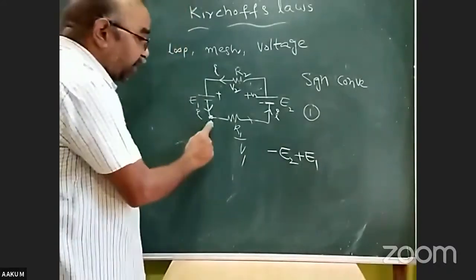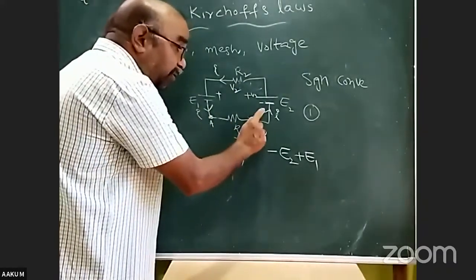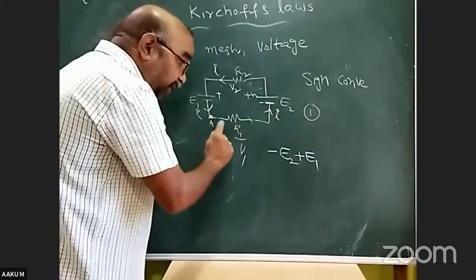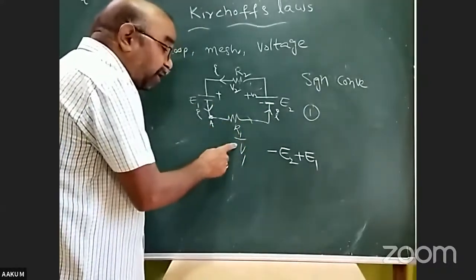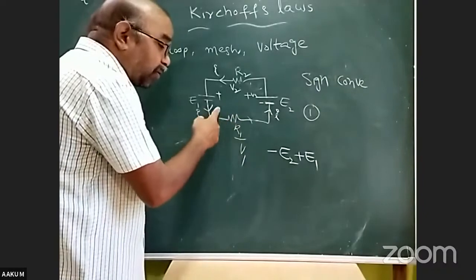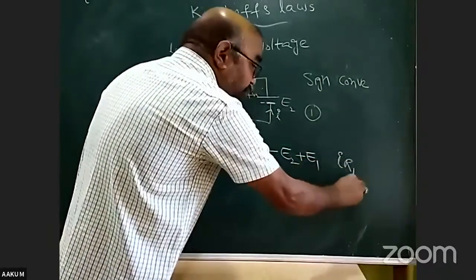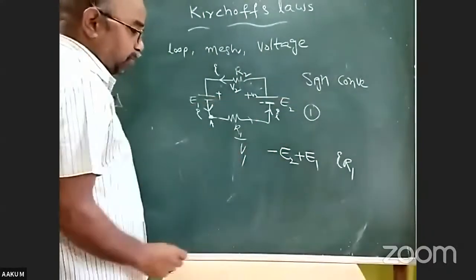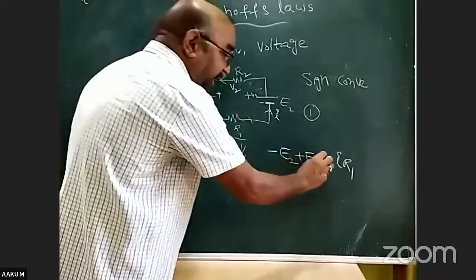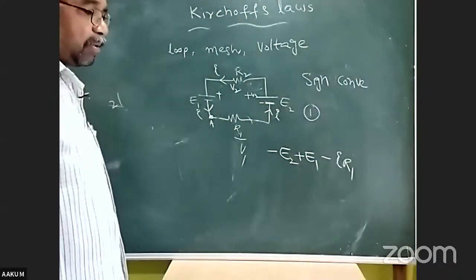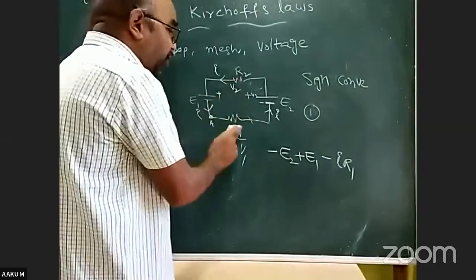So here I am traveling like this, and the current is traveling like this. Then the potential drop V1 is I into R1. V is equal to IR. If we are traveling in the direction of current, simply give it a negative sign. Here is another potential drop.